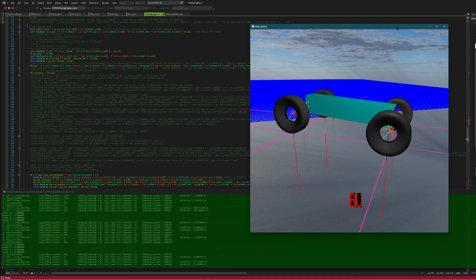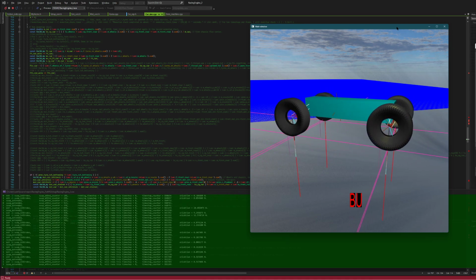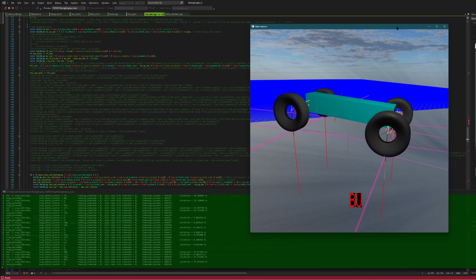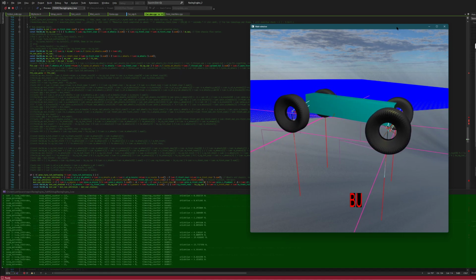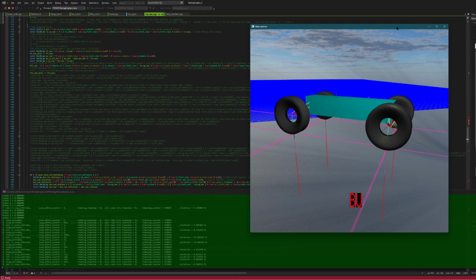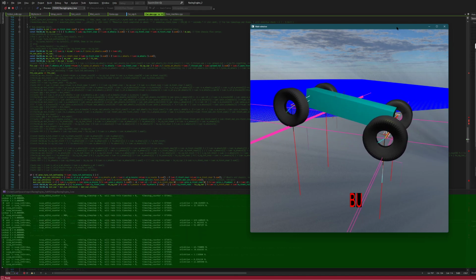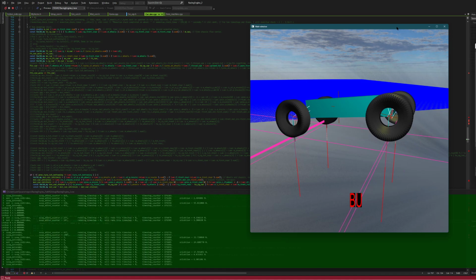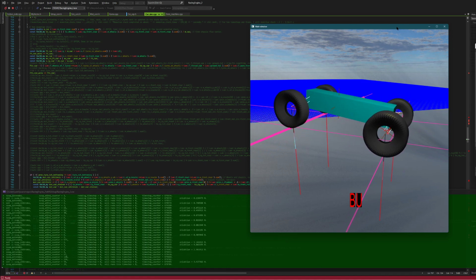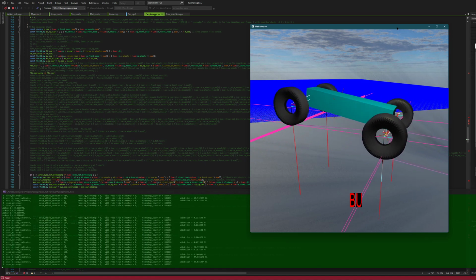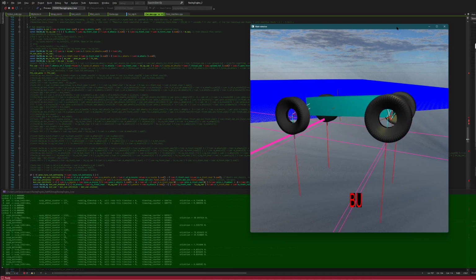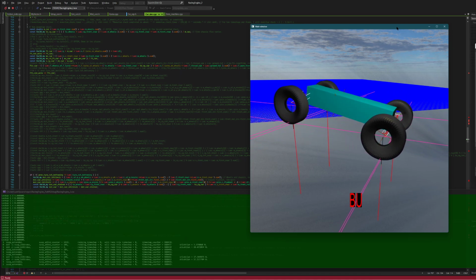You can also see that when I give gas, there is a tilt backward and forward, but also a slight roll to it. That is because I'm also simulating the inertia of the engine flywheel and the gyroscopic effects of the engine flywheel.